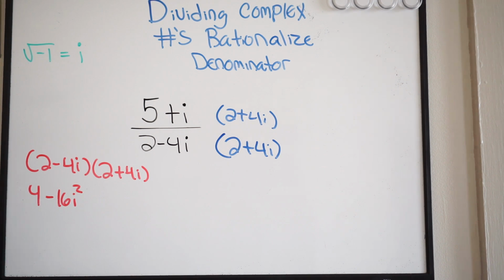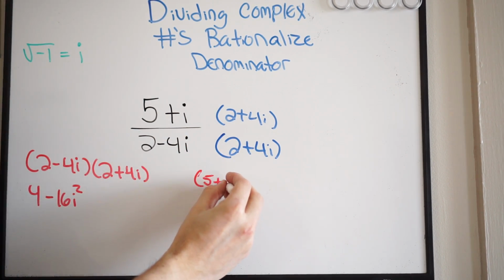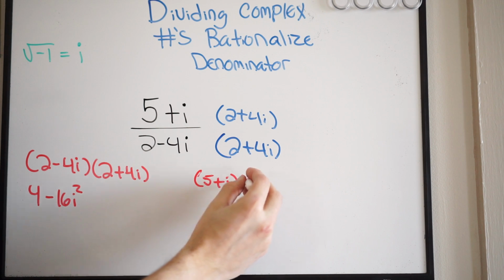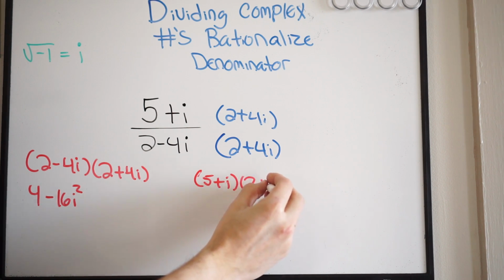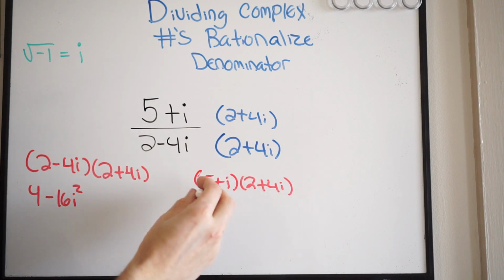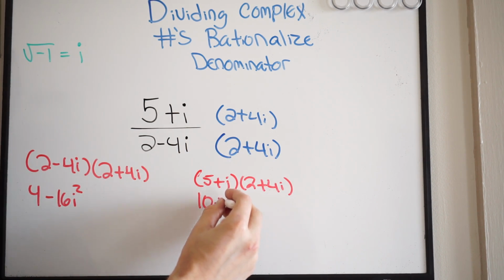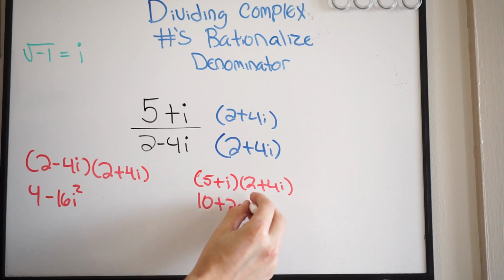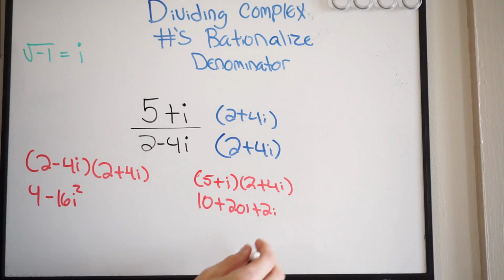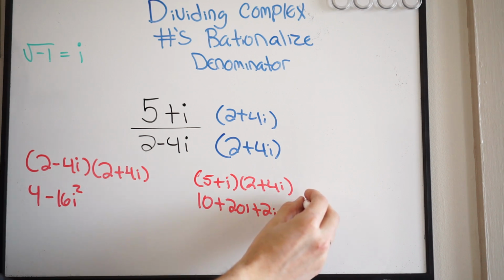Now let's do the numerator. So I'm going to simply just do this right up to the side here. We have 5 plus i and 2 plus 4i. Again, we're multiplying these. So again, do FOIL. So 10 plus 20i plus 2i, and we get plus 4i squared.